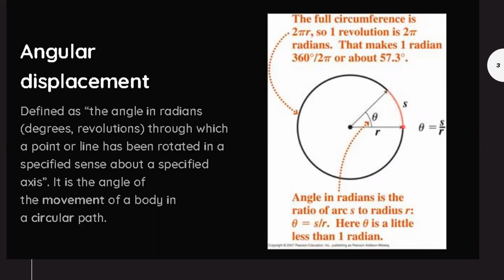No, it rotates, so it has an angular displacement. In linear displacement, we talk about the distance from point to point. In angular displacement, we talk about a measure of angle from point to point. Is it clear?